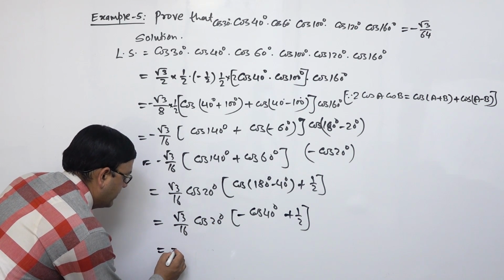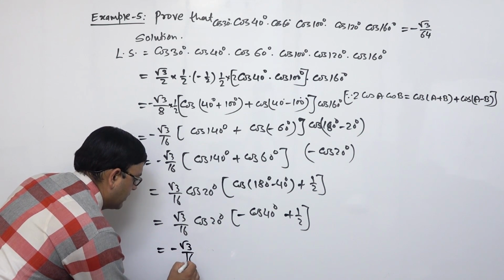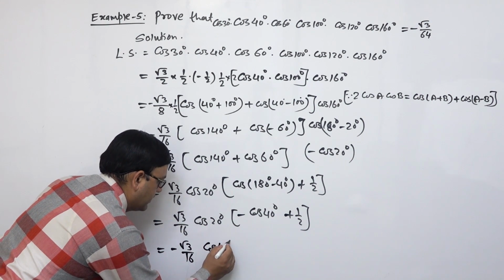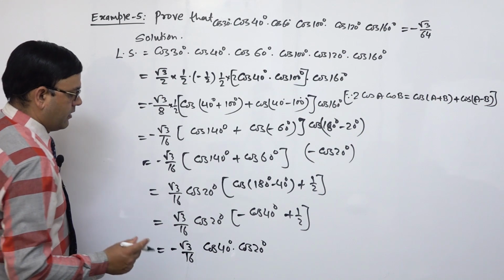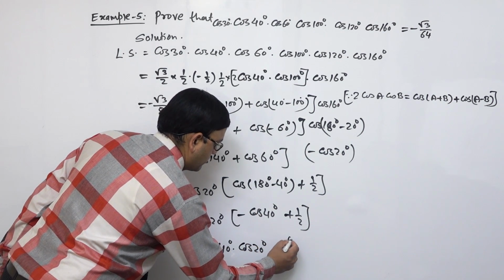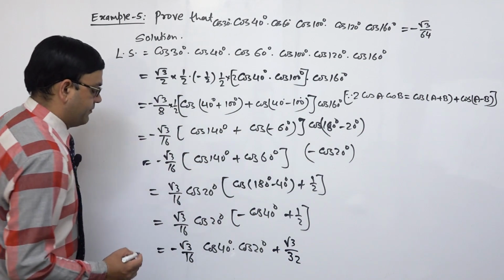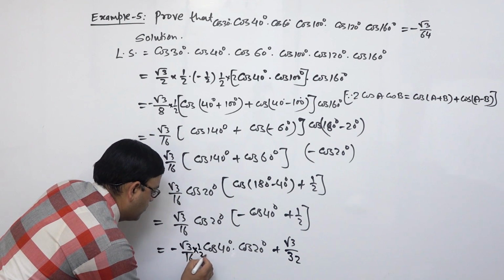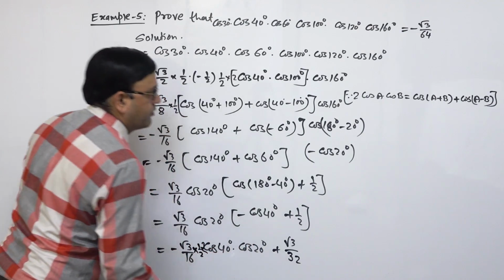So we have minus root 3 by 16 and then cos 40 degrees times cos 20 degrees, this and this multiplied, and then plus root 3 upon 16 times 2, which is 32, and again 1 by 2 times 2. So for 2 cos A cos B, we can use the same formula.